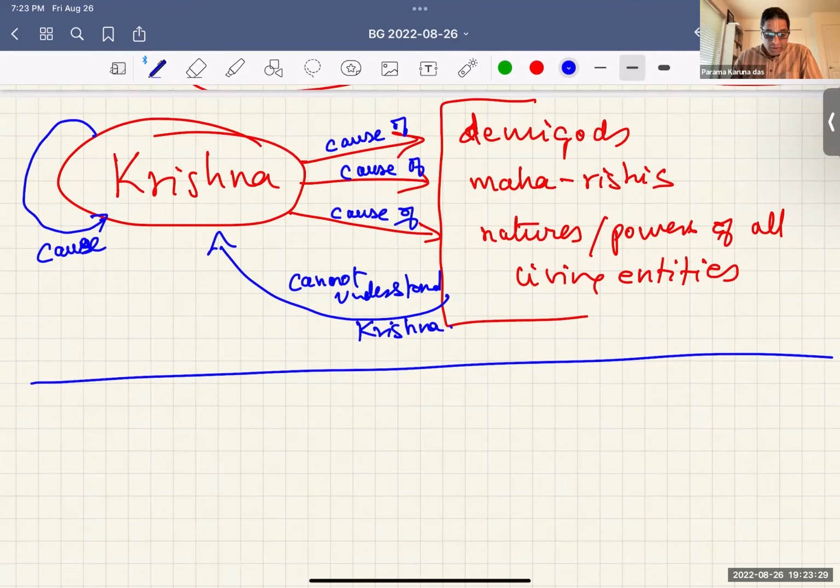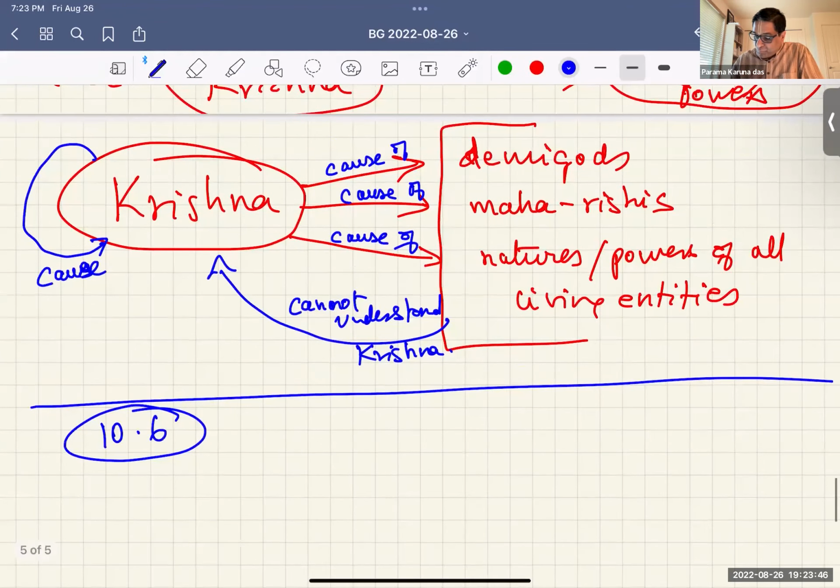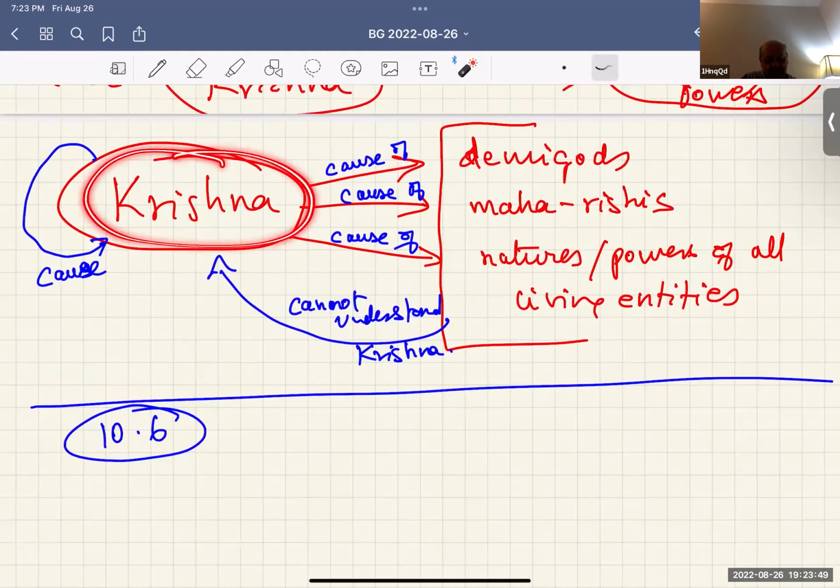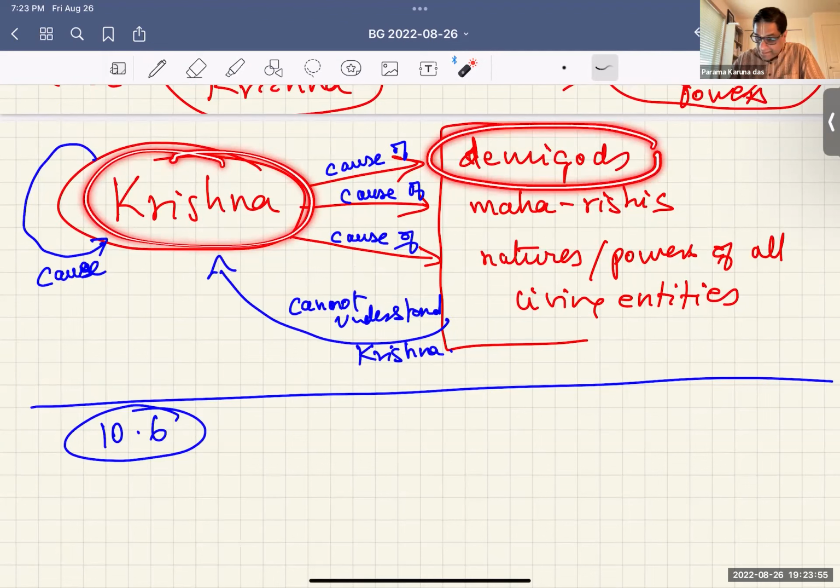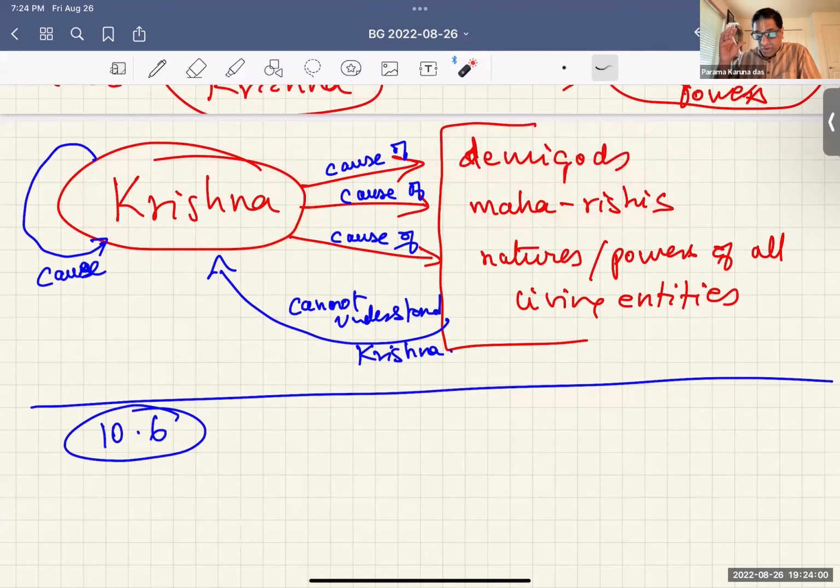All right. So what is the next doubt that is presented in 10.6? So we covered till 10.5. Now 10.6, what is the doubt? So the doubt is that, like I said, Lord Krishna here is the source of all the demigods and the maharishis. Now, there are some great demigods and great maharishis. Who are some of the great demigods? Let me write down. Maybe I will write it in green color to make it different.